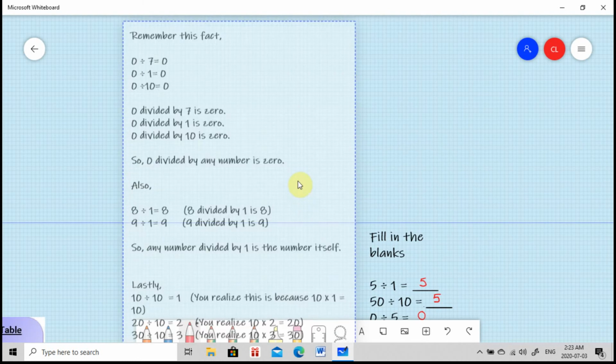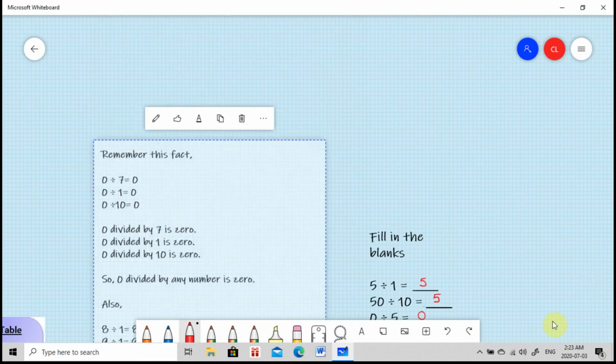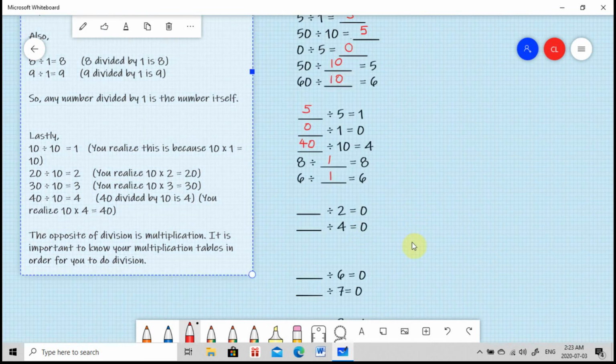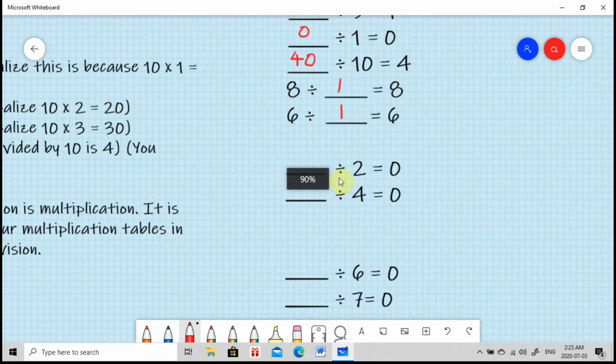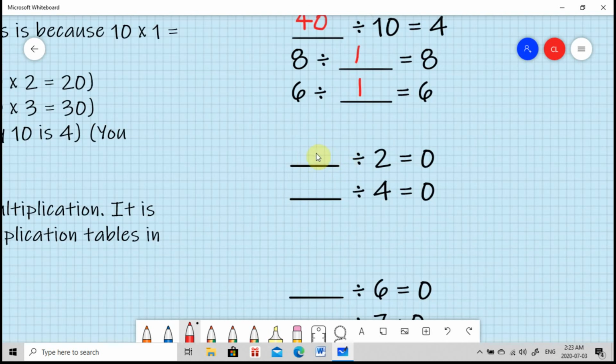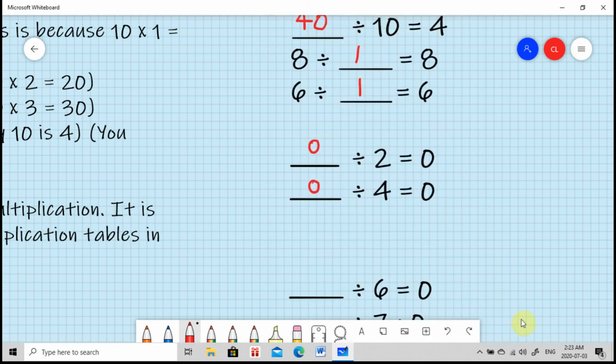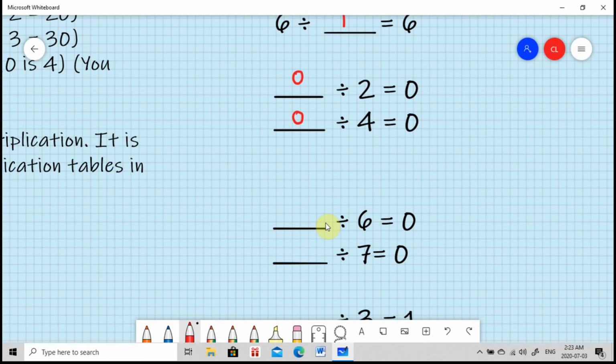Then we go back and we know that this answer has to be 0, because 0 divided by any number is 0. That also means that this is also 0. So 0 divided by 2 is 0, 0 divided by 4 is 0, and 0 divided by 6 is 0, 0 divided by 7 is 0.